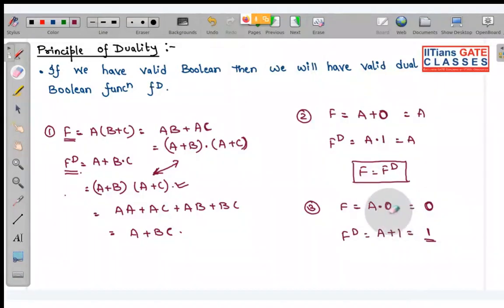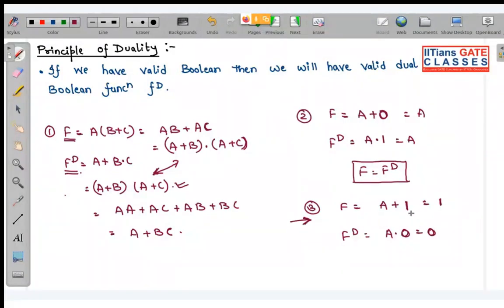Okay, just a minute. A plus 1. So this will be what? A dot 0, so this is 0. This is 1. So here your duality is failing, the principle of duality. Now why is it failing?